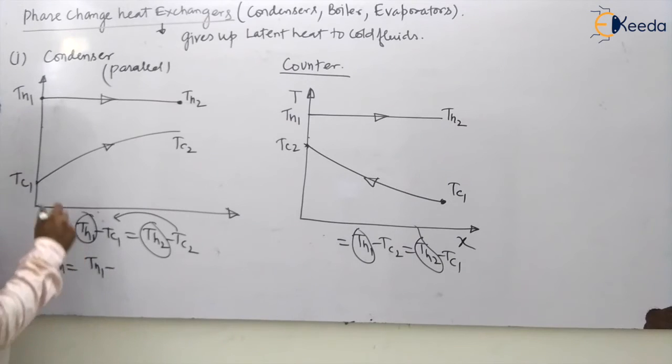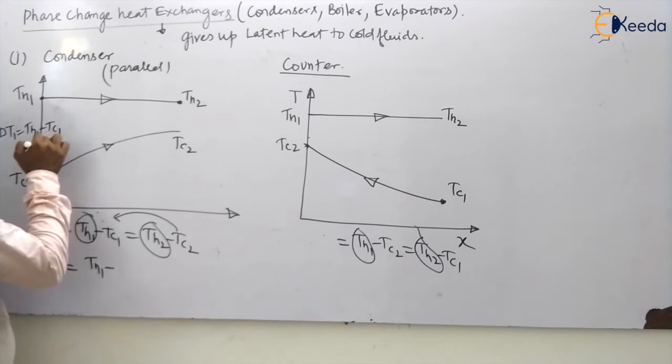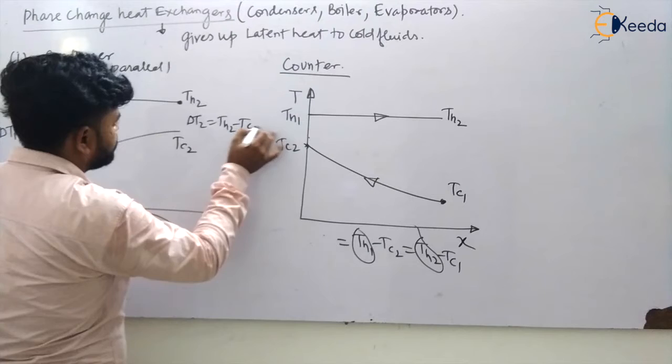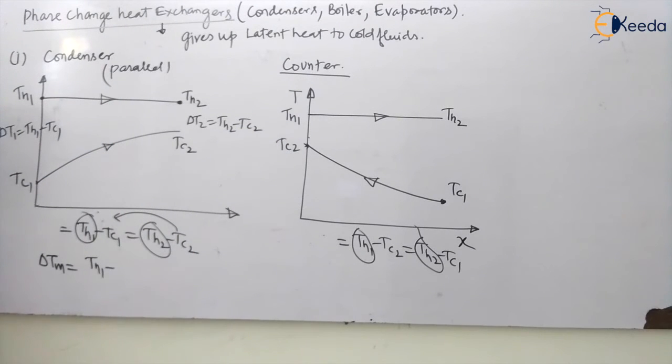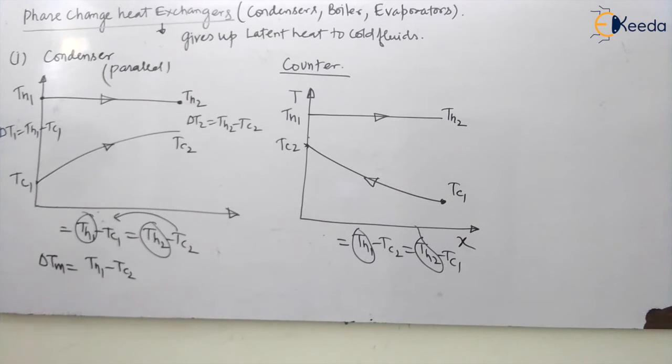Delta T1 will be equal to TH1 minus TC1, okay, and delta T2 will be equal to TH2 minus TC2. Very good. So from this equation, this will become TH1 minus TC2. But if I take this side, this will become plus, my dear students. Let us take TH2 this side, then this will become negative.